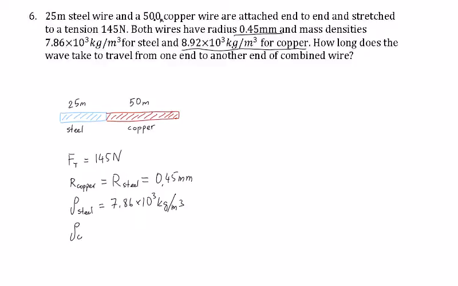So rho copper equals 8.92 times 10 to the 3 kilograms per cubic meter.